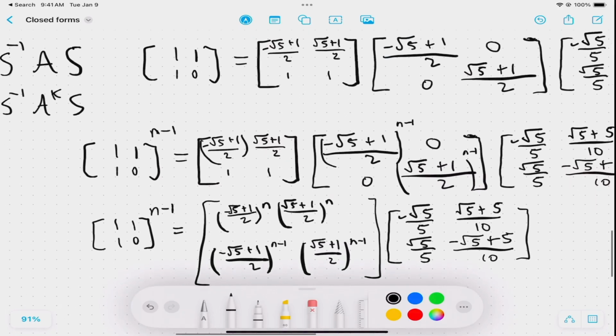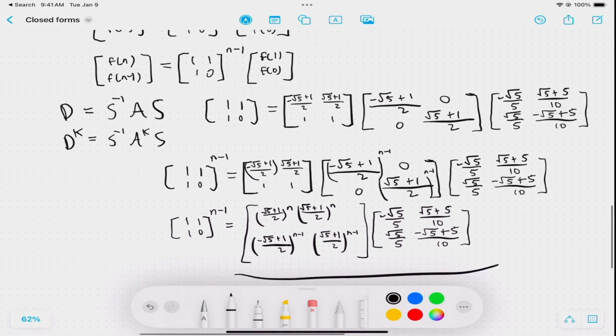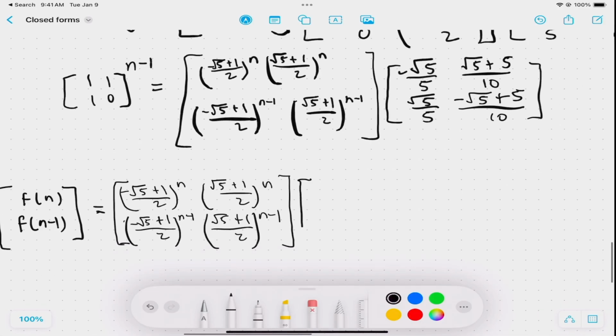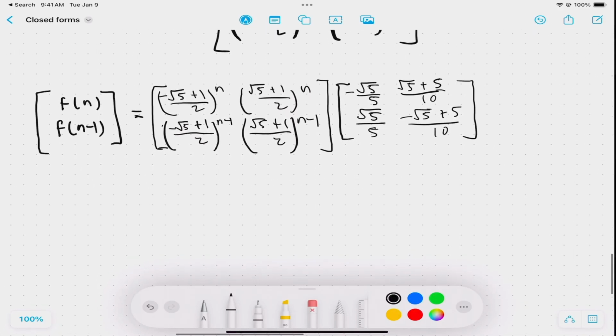And now we can do the substitution. So if we put this into here, we get the following. Okay, so we're getting a lot closer to the closed formula. So we know the entry f of n is equal to this row times this column.